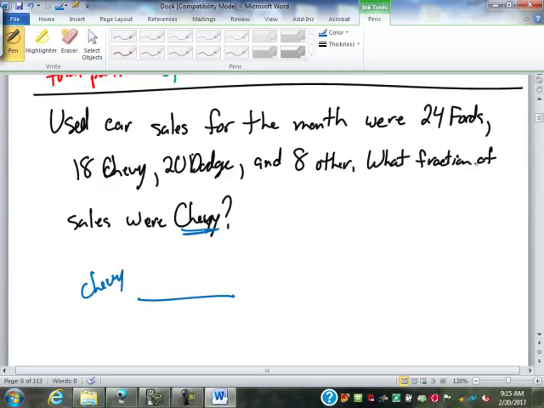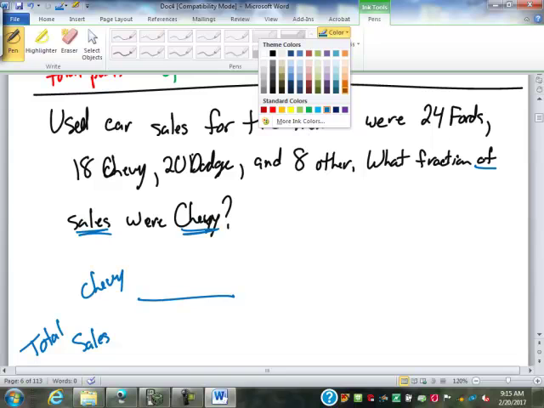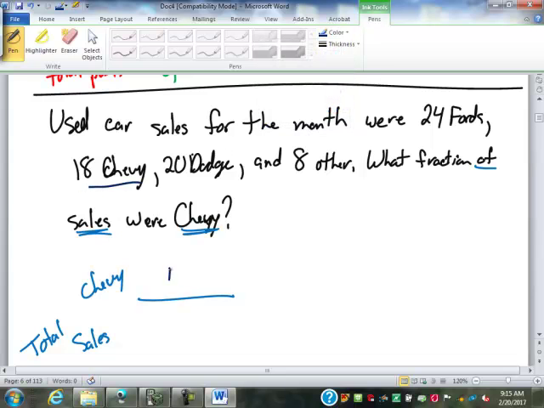What fraction of sales? Now the word that's implied there would be total sales. Very good. So we have Chevy, which is 18. What number is going to go on bottom? All of them added up, yes.